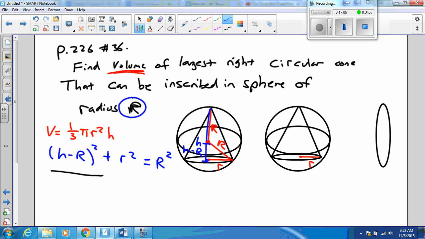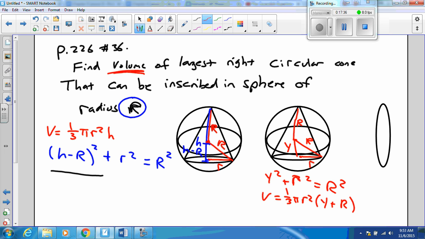If I divide this up a little bit differently into the radius big R here, and now a small quantity that I can call y, and r like that, then I have the same thing but divided a little bit differently, and I have y squared plus r squared equals big R squared, and I have volume is equal to 1/3 pi r squared times y plus big R. So it may be that this would be a preferable way of dividing it up, and I'm not really sure yet until I get into the algebraic detail.